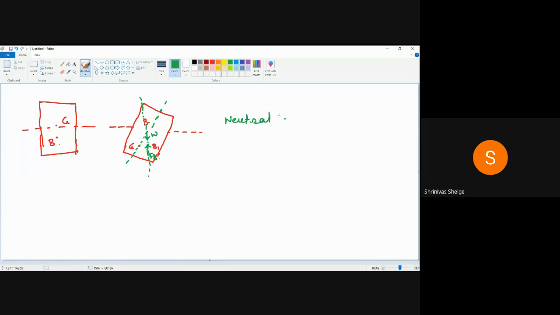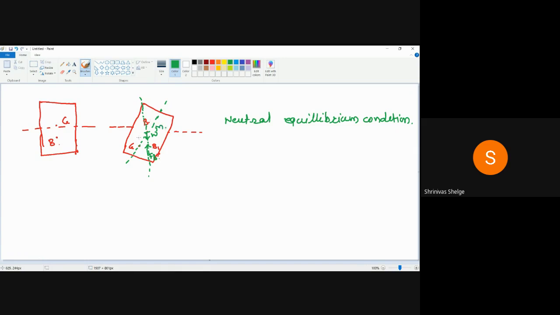It does not try to regain or return to its original position, and it does not become more unstable either. Therefore it is known as the neutral equilibrium condition. Obviously this M coincides with G.